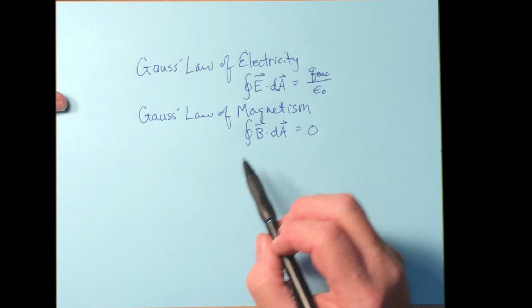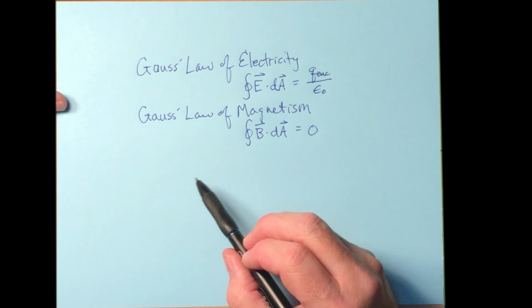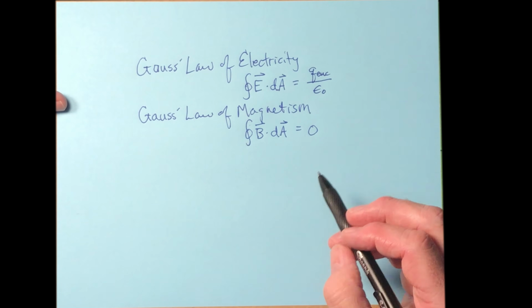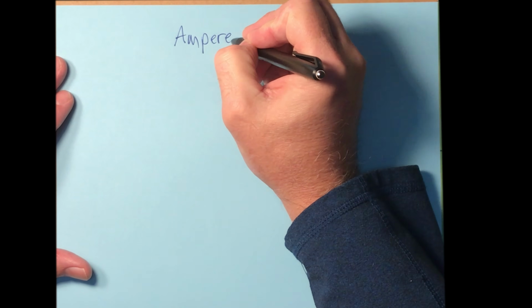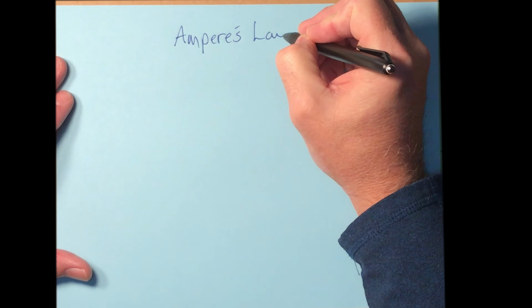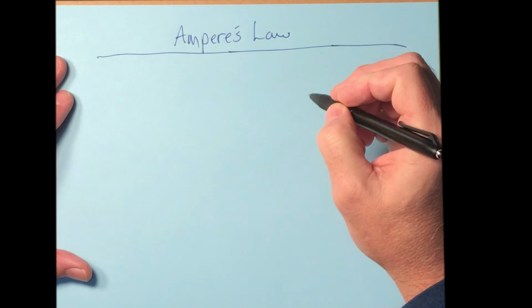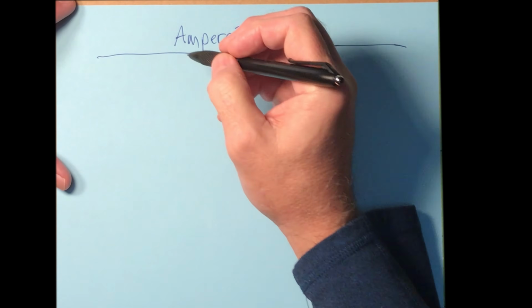Maxwell took this law we're about to talk about and modified it some, and then it became one of Maxwell's equations. So now we want to turn our attention to Ampere's law. Now we're going to use analogies here a lot to talk about Ampere's law and to introduce it.